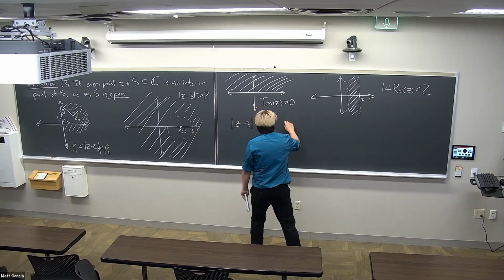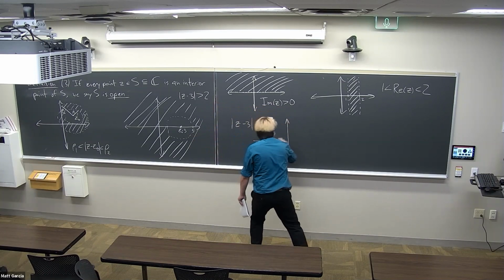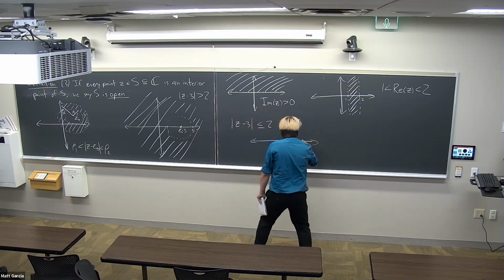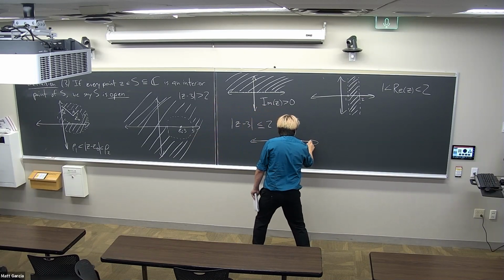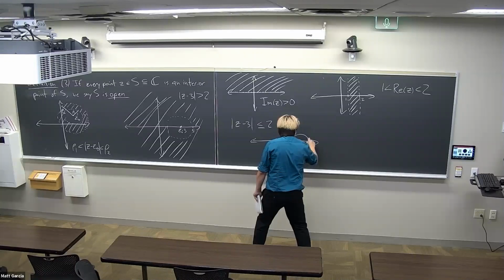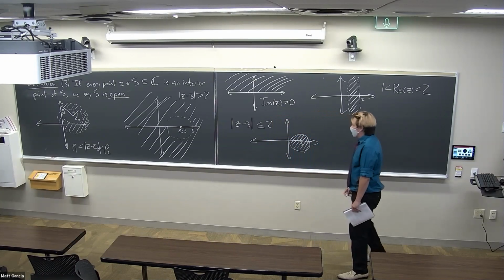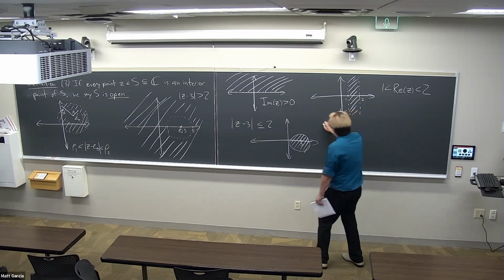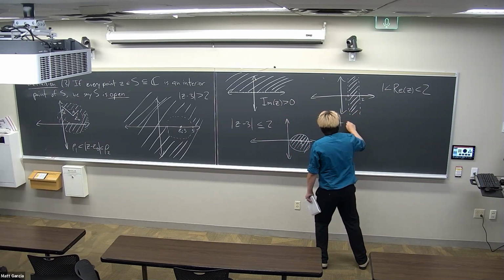But what exactly do I get? I get this thing centered at 3. I get a circle of radius 2, which is filled in. It is not open.